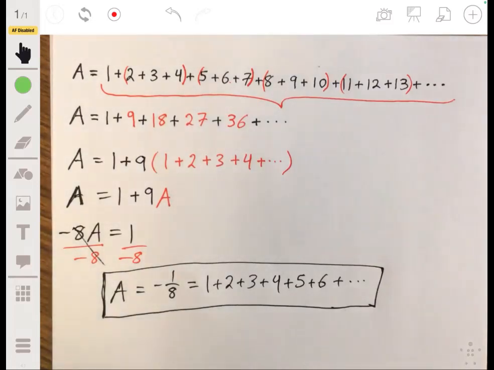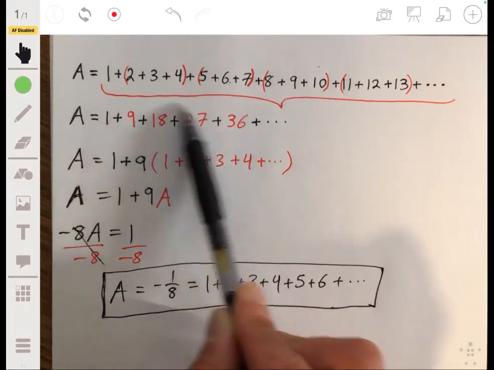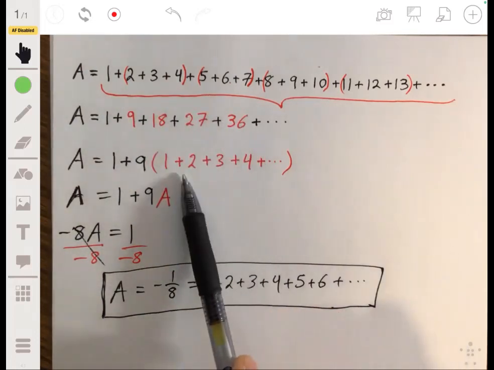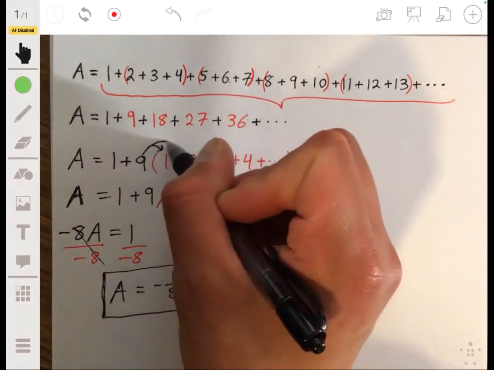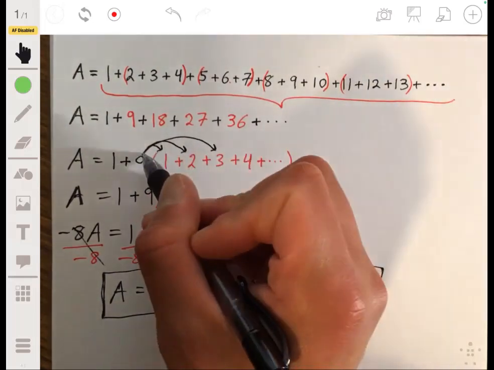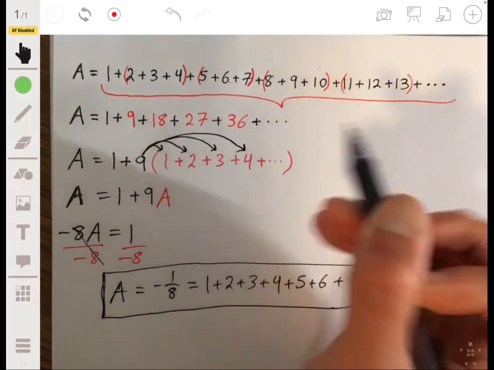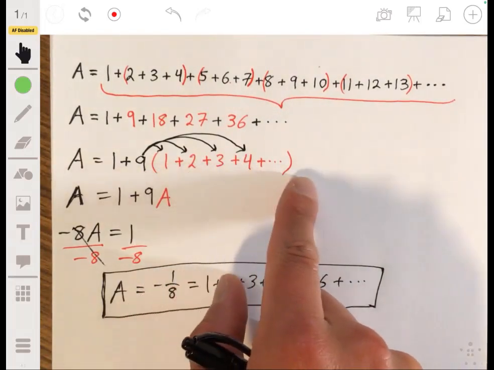But we essentially assumed here and then here that we can use the distributive property for a group that is infinitely large. We assume that we can carry distribution across this group here.